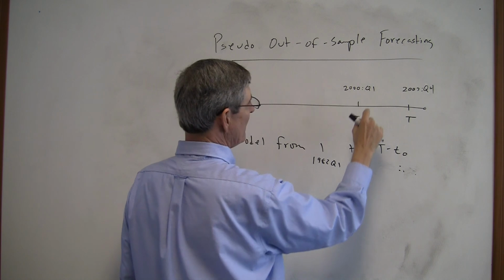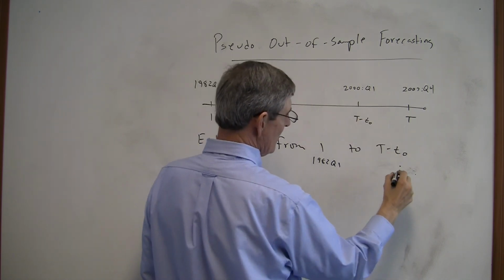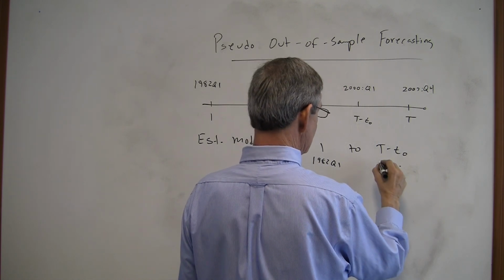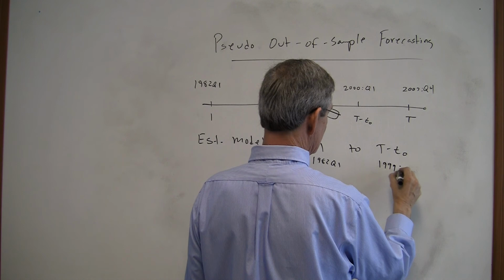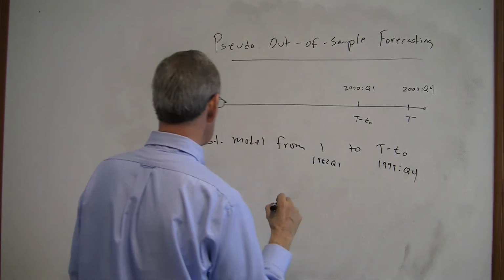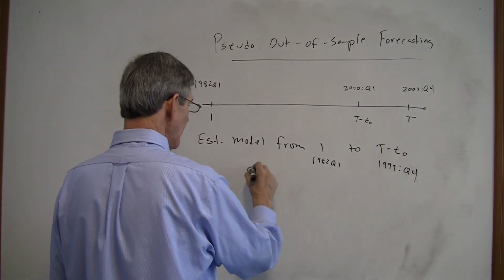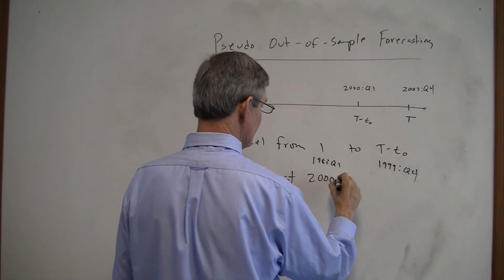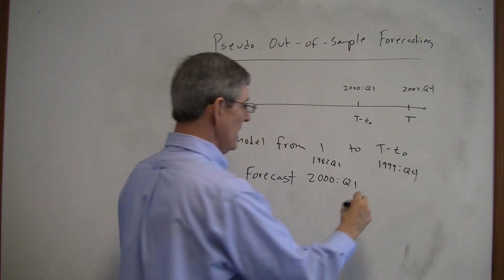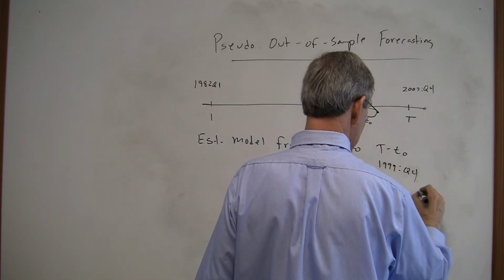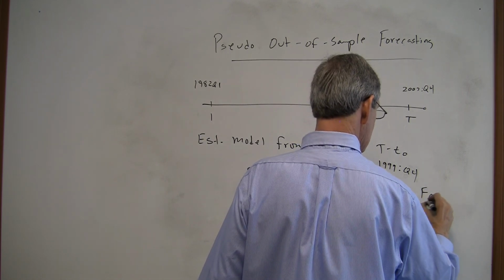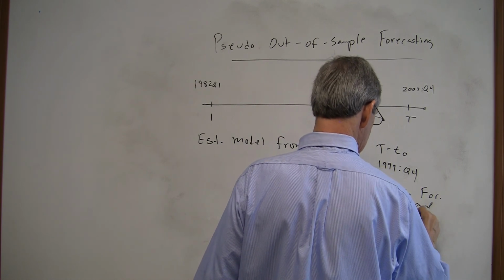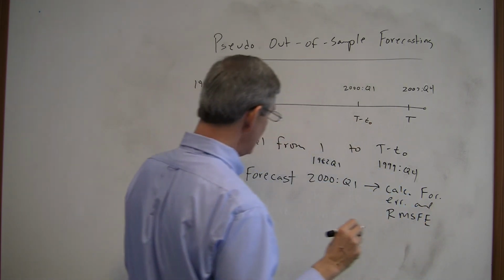This is the first period we want to forecast. So you'd estimate the model to 1999 Q4. Then you'd forecast 2000 Q1. And then you can calculate the forecast error and the root mean square forecasting error for that.